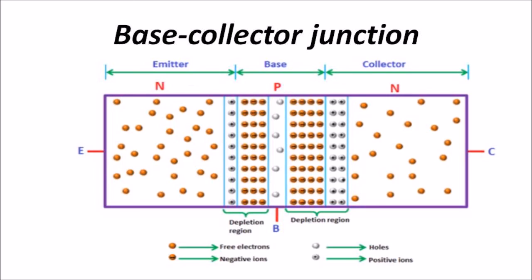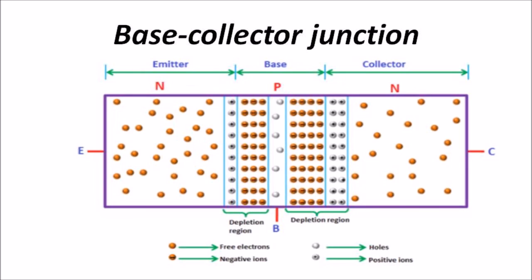Therefore, the depletion region at the base collector junction contains more negative ions than positive ions. The negative ions reside in the P region, that is the base region near the junction, and the positive ions reside in the N region, that is the collector region near the junction. Therefore, the depletion region penetrates more towards the P region than the N region.